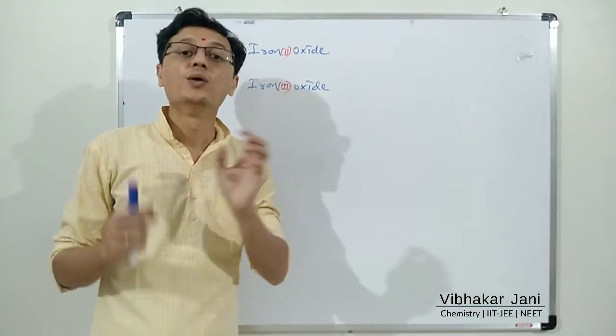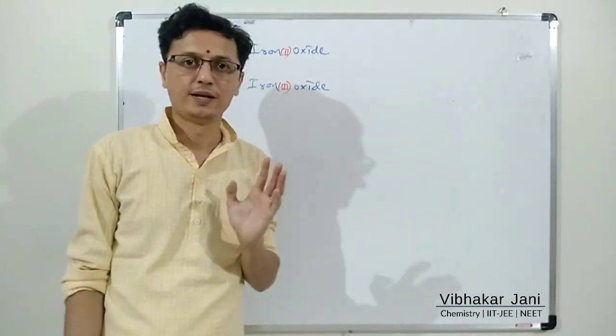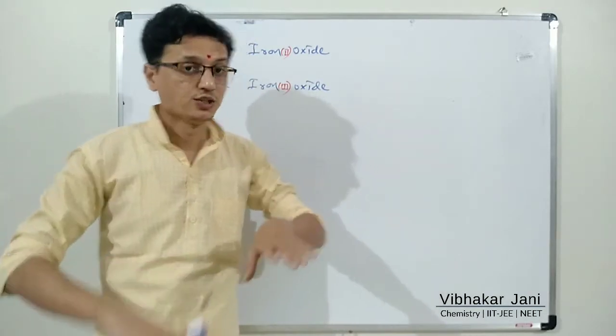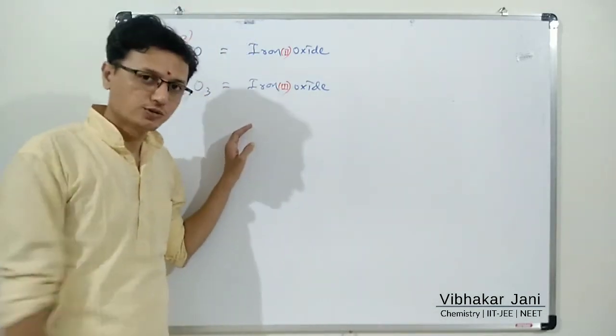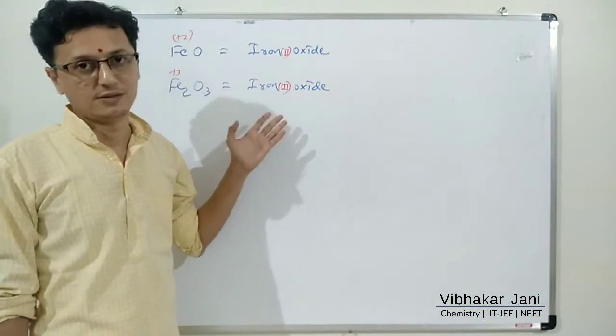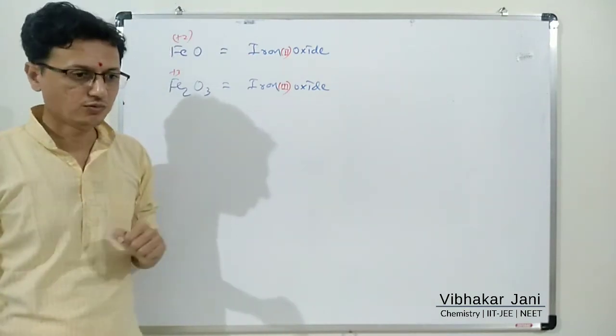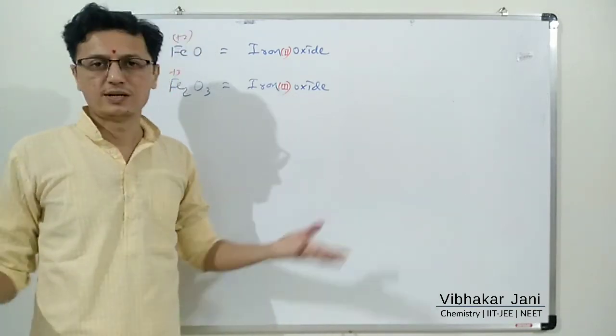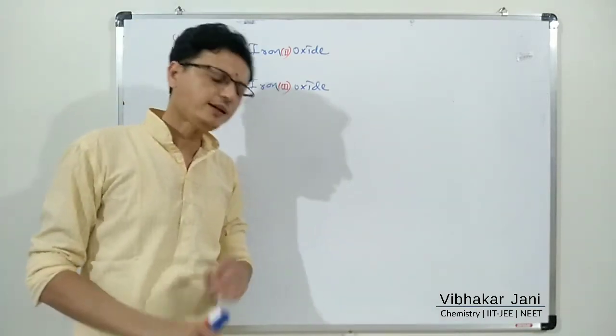Ferrous is +2, ferric is +3. But before these names were known, the Stock notation method was used. So you can call it an outdated method. Stock notation is now not used regularly.